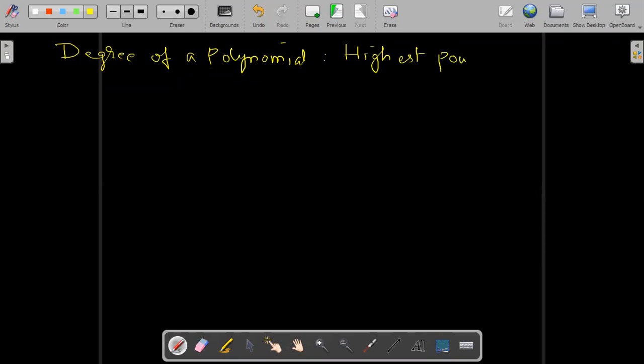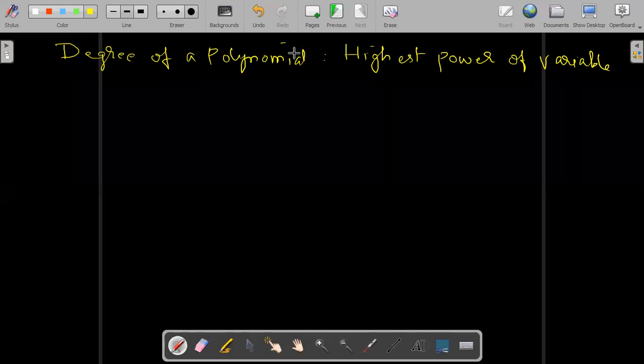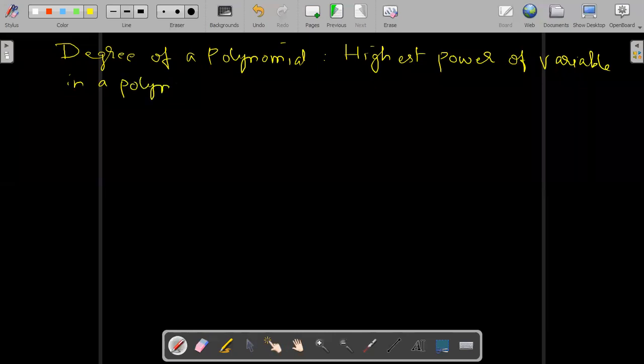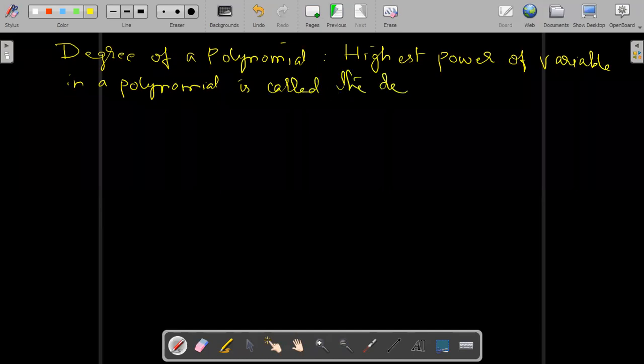The highest power of a variable in a polynomial is called the degree of the polynomial.